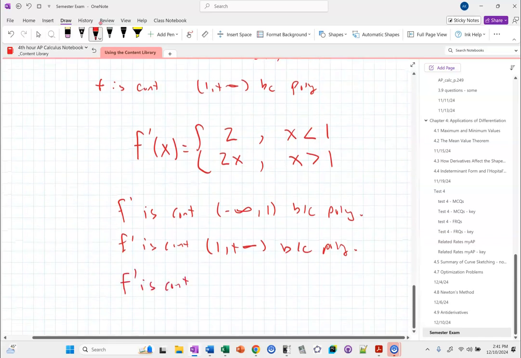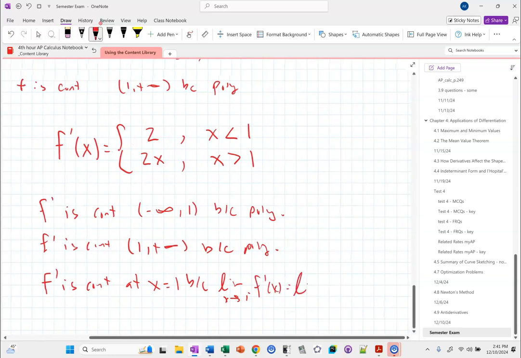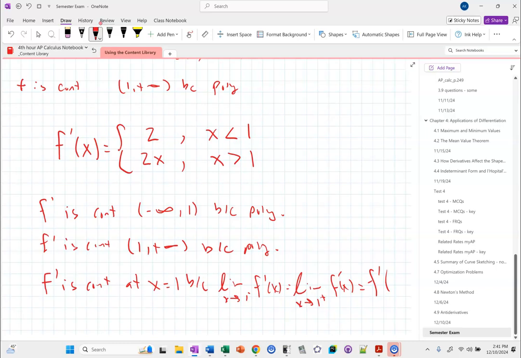And then it's continuous at x equals 1 because the limit as x approaches 1 from the left equals the limit as x approaches 1 from the right equals the value at 1. So there we go. Follow that?